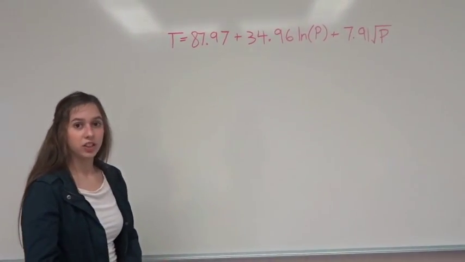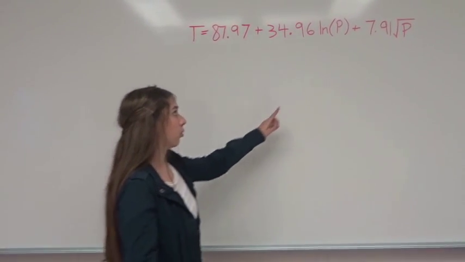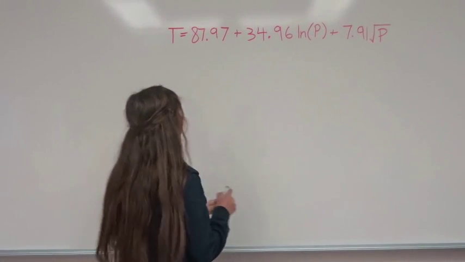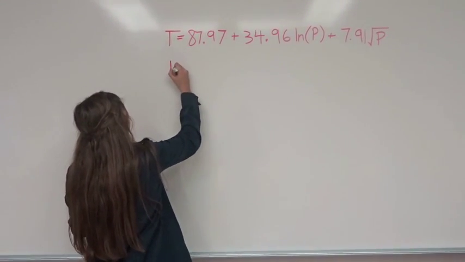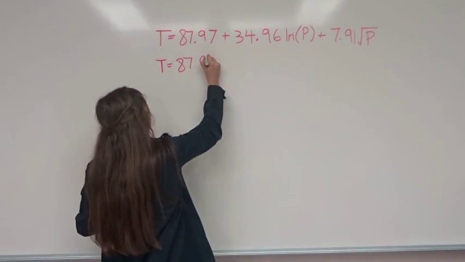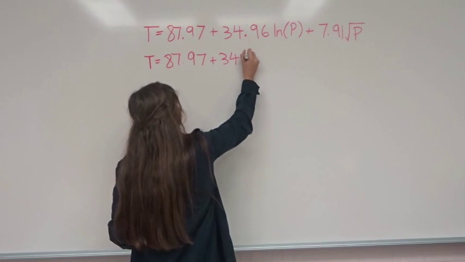The first thing we need to do is rewrite the equation so we can eliminate the square root. So we're going to rewrite it, and this part will stay the same because we don't need to change anything.